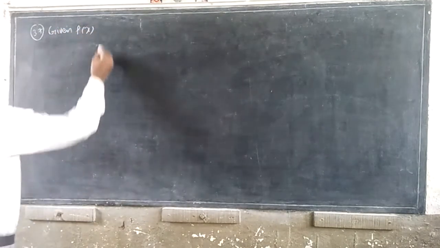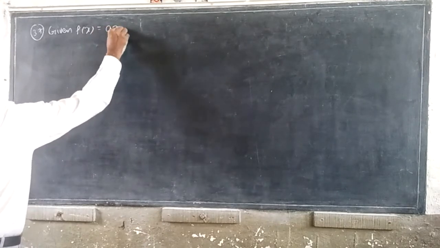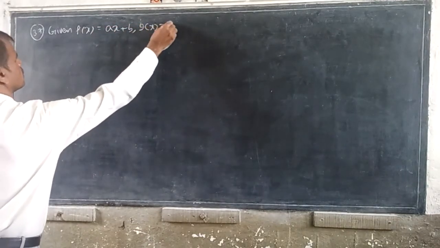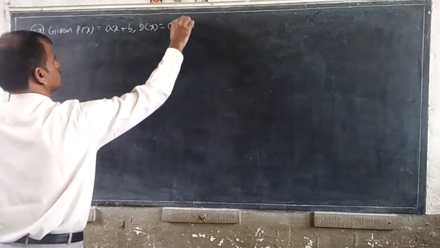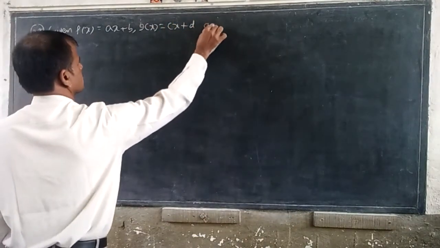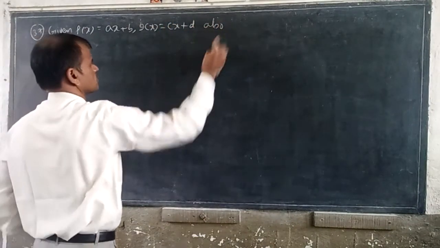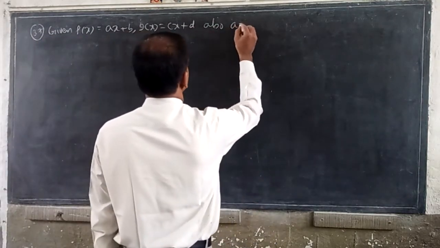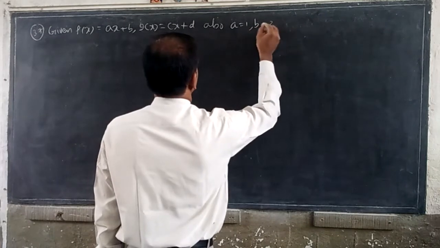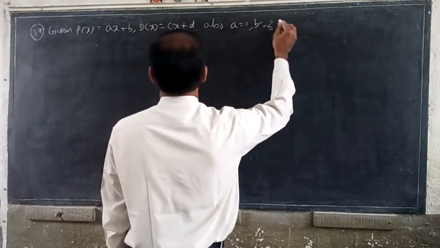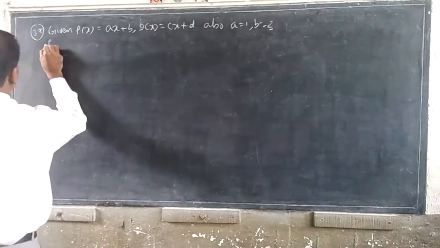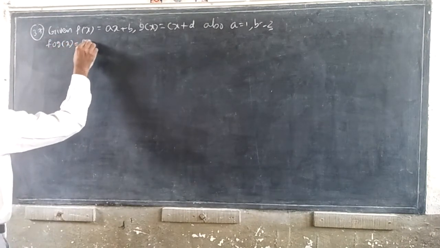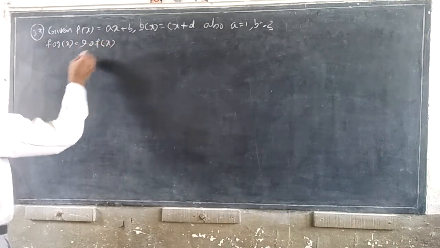f of x is equal to ax plus b, g of x is equal to cx plus d. Also assume given a is equal to 1, b is equal to 2, and the condition is f circle g of x is equal to g circle f of x.